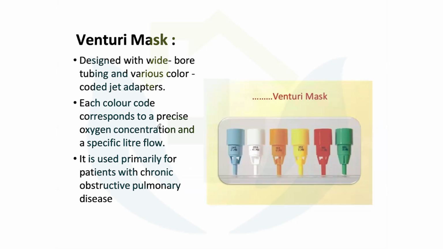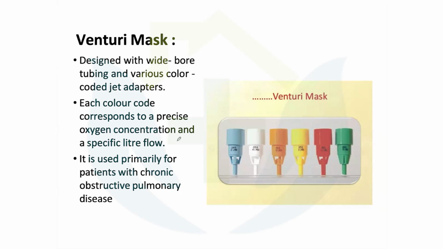You see that Venturi mask has different color coding, and this color coding is for different FiO2. You can provide different FiO2. This Venturi mask works on the Bernoulli principle. What is the Bernoulli principle?